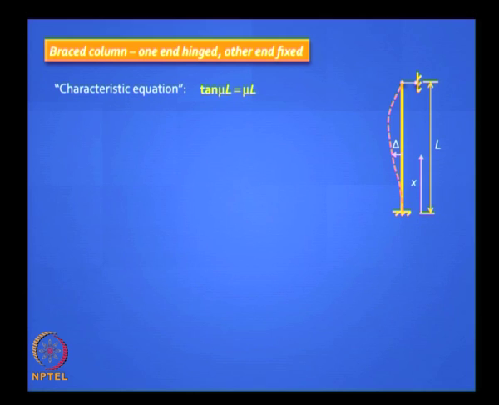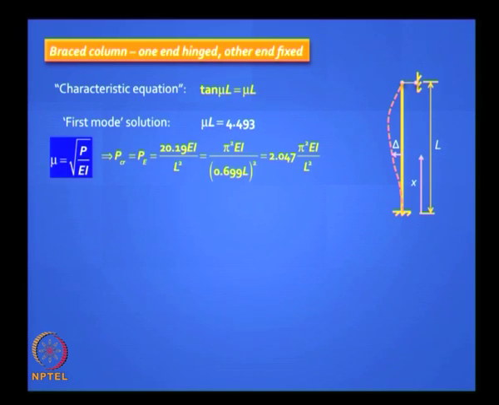That equation, tan mu L equal to mu L, is called the characteristic equation. You remember when you did eigenvalue analysis, there was something called the characteristic equation, and the first mode solution in this case is 4.493, and if you plug in the value of mu, you can get the critical buckling load, which we also call the Euler load, and it turns out to be 2.047 pi squared EI by L squared, which can also be written as pi squared EI by (0.7 L) the whole squared.